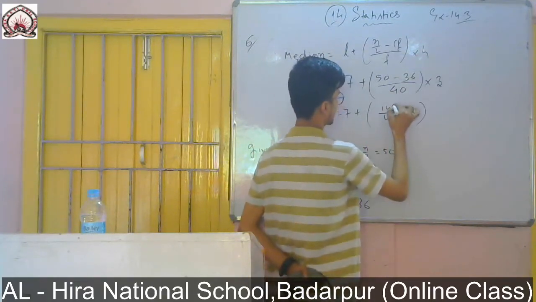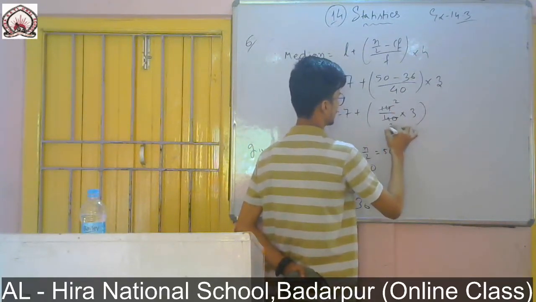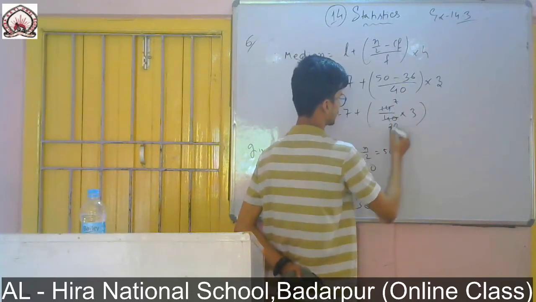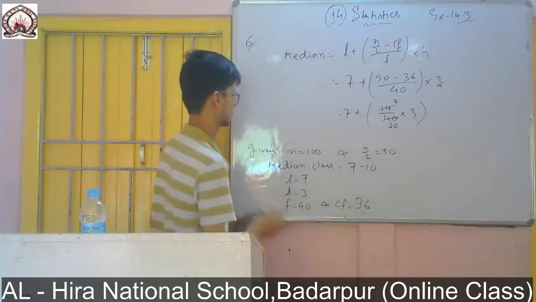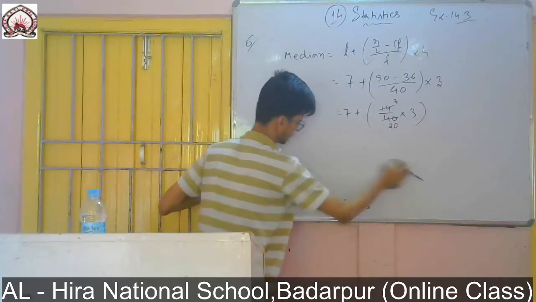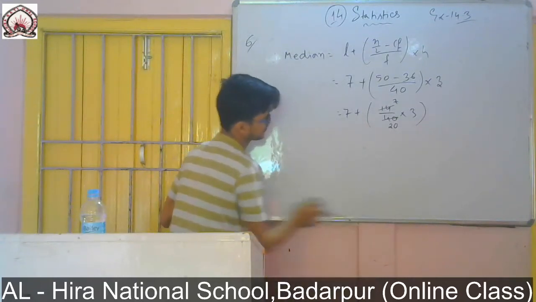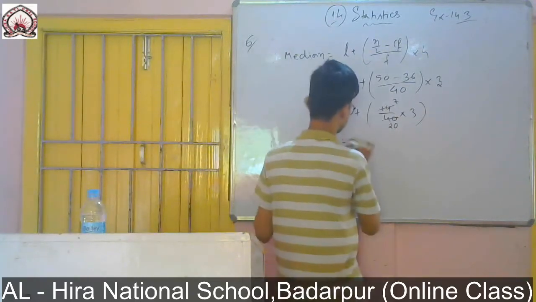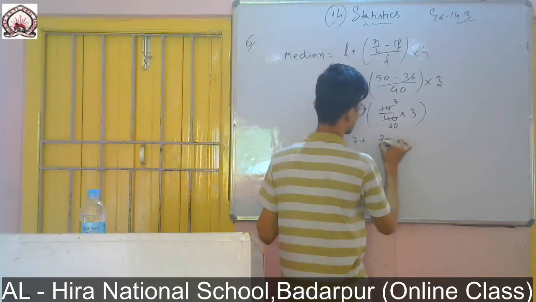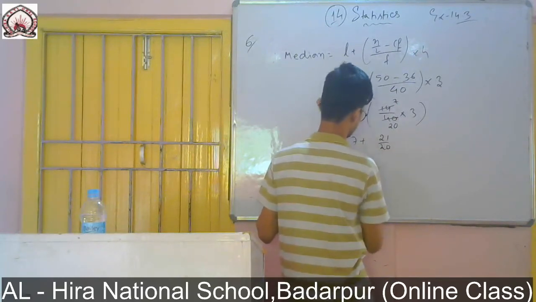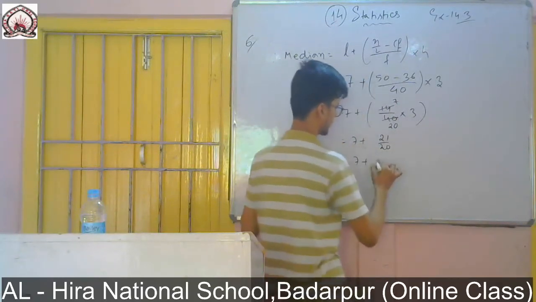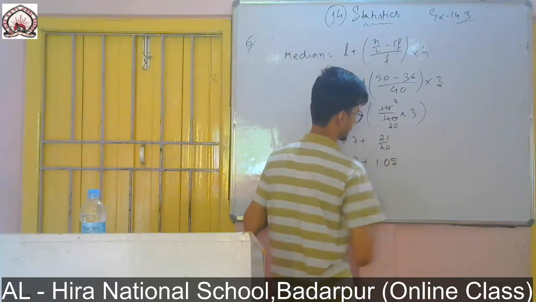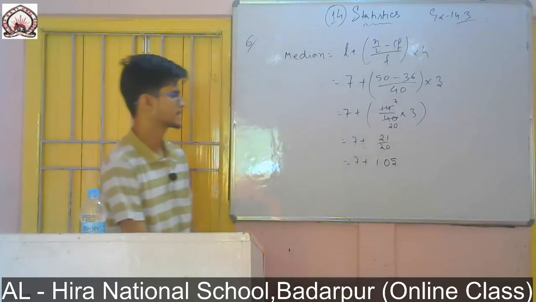With 2 I can cancel: 2 sevens are 14 and 2 twenties are 40.